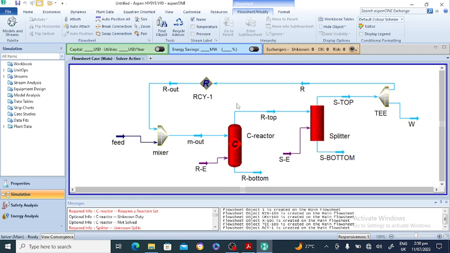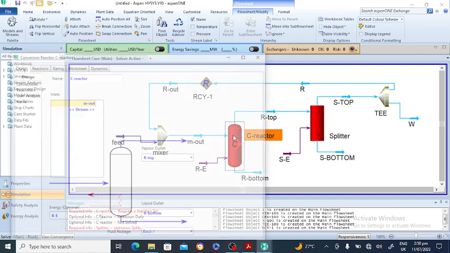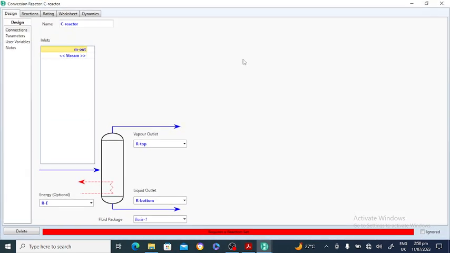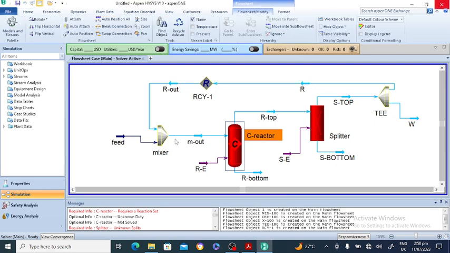First of all, this is the conversion reactor. Click on it. It is not defined, so it shows that it requires a reaction set. We will define the reaction for this conversion reactor.